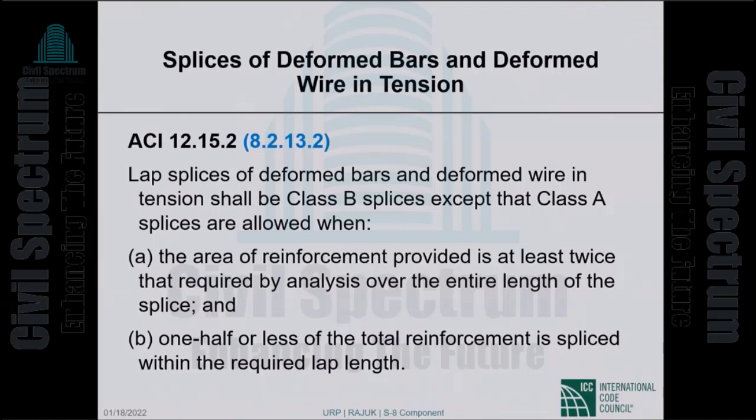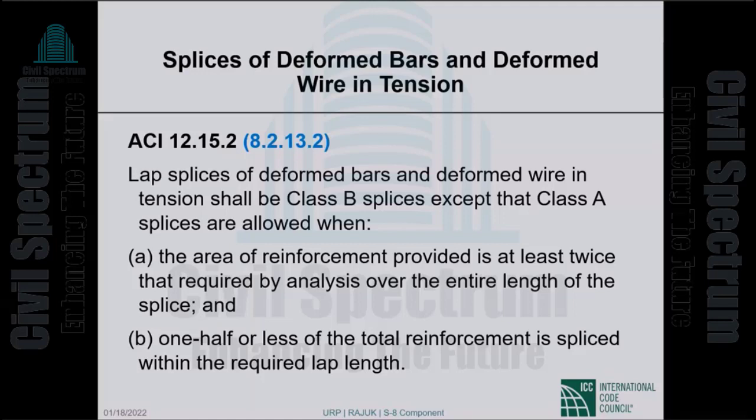Lap splices of deformed bars and deformed wire in tension shall be class B. So all splices shall be class B unless you satisfy 2 conditions in which your splices can be class A. If you can satisfy 2 conditions, your splices are class A. If you cannot satisfy those 2 conditions, your splices are class B. What are the 2 conditions that will qualify for class A splices?